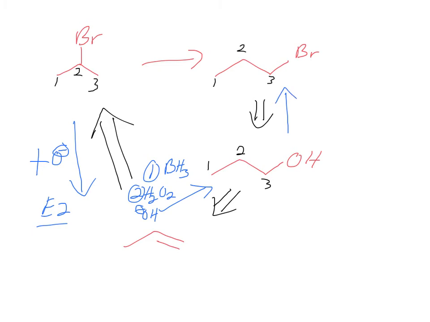But if you want to add a bromine, HBr would work, right? You'd activate this and do an SN2, because you can't form a primary carbocation. What else could you use to add a bromine? I can think of two more ways. You could go through the tosyl, right? Make the O-tosyl, and then add in NaBr, like Na plus Br minus, and do that. Or what's the way they want you to do it?